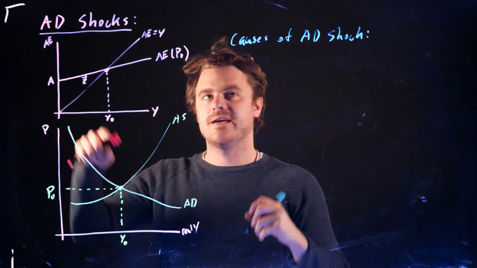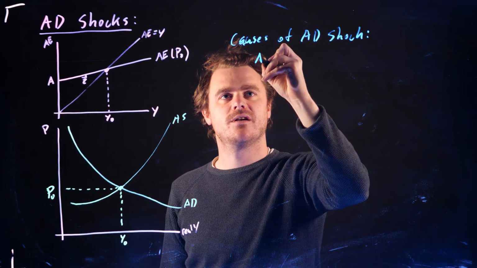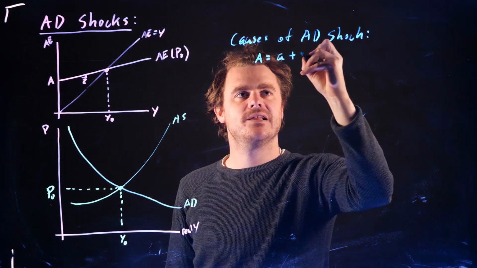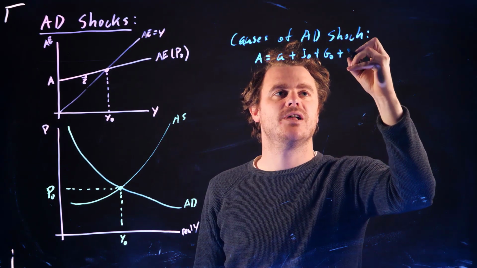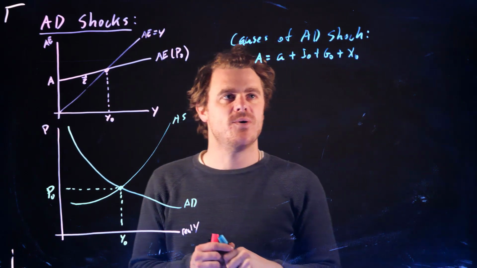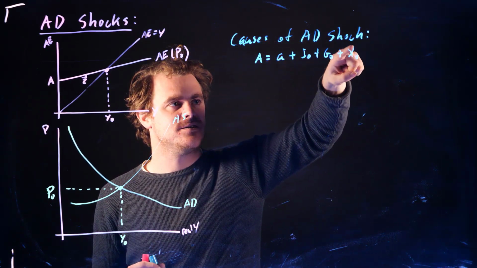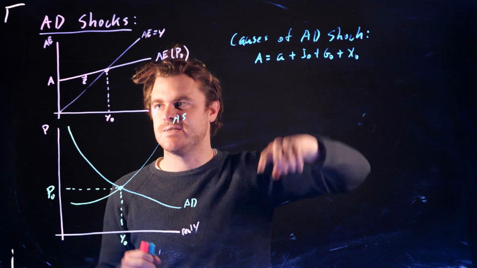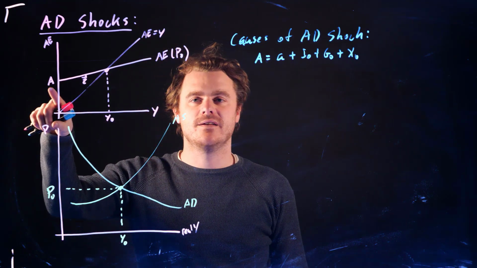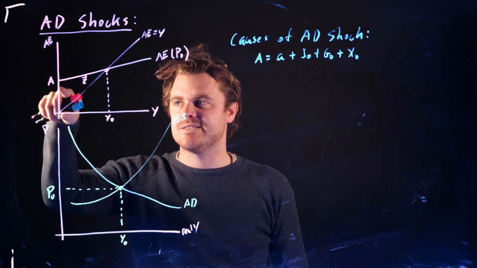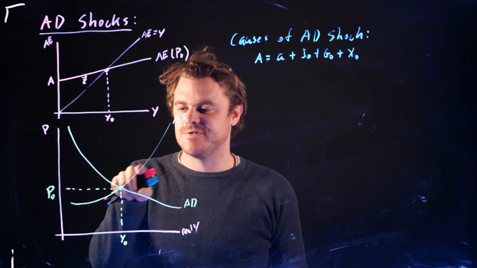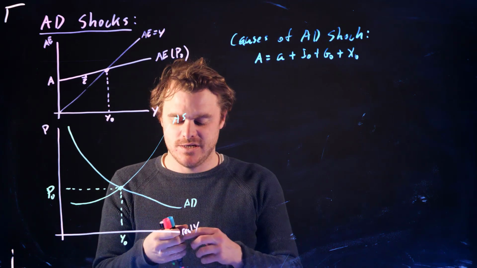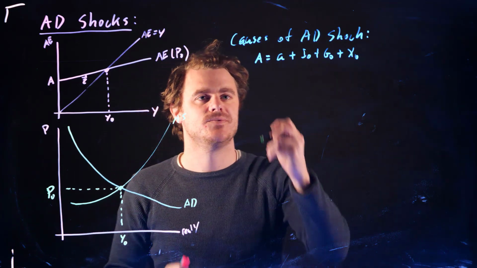So for instance, anything affecting A. So remember, A equals little a plus I0 plus G0 plus X0. So anything that's going to affect any of these four components of capital A is going to cause this AE curve to shift up or down, which is going to cause this AD curve to shift to the right or to the left.